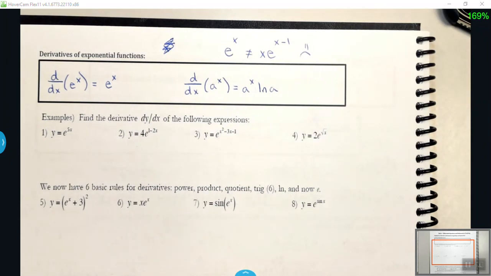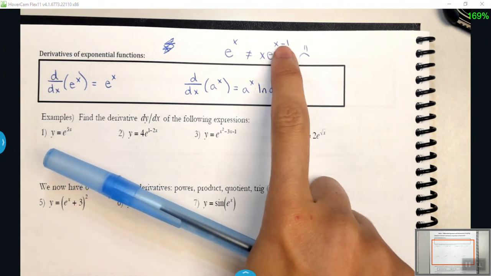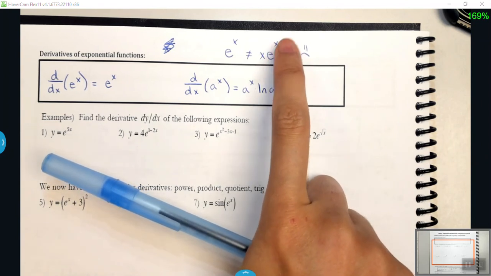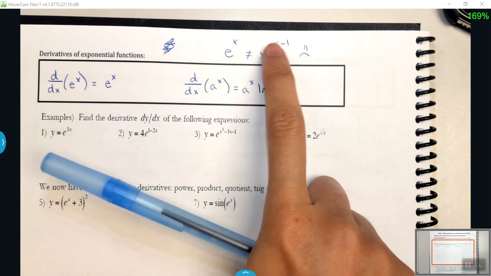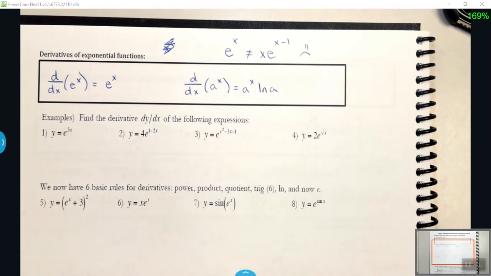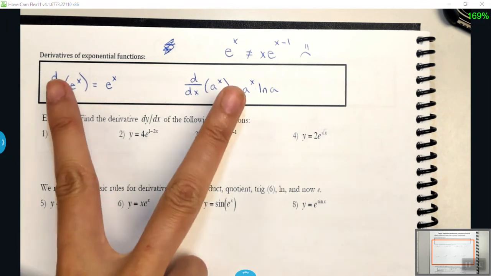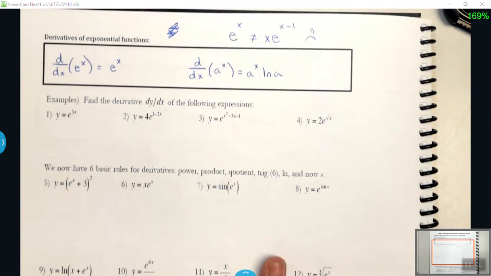For an exponential function, you never just subtract 1 from the exponent, because the exponent is the thing that's variable, the thing that's changing, so you can't do the power rule. If you have like 5 to the x, you can't just subtract 1 from the exponent. All exponential functions follow these rules.